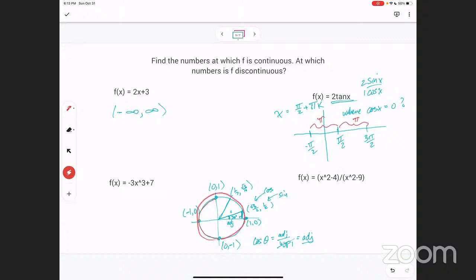Every pi, or 180 degrees, you're going to get to it again. You follow what I'm saying? Going around, boom, boom, boom, boom. So that's the answer. At what numbers is f discontinuous? It's discontinuous at pi over 2 plus pi k, where k is an element of the integers.